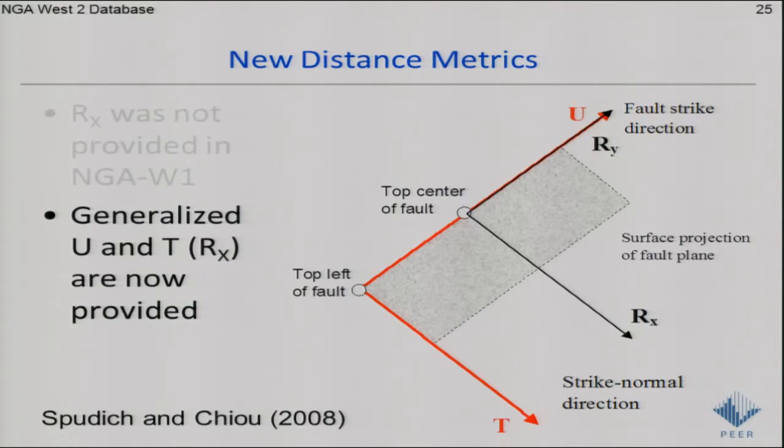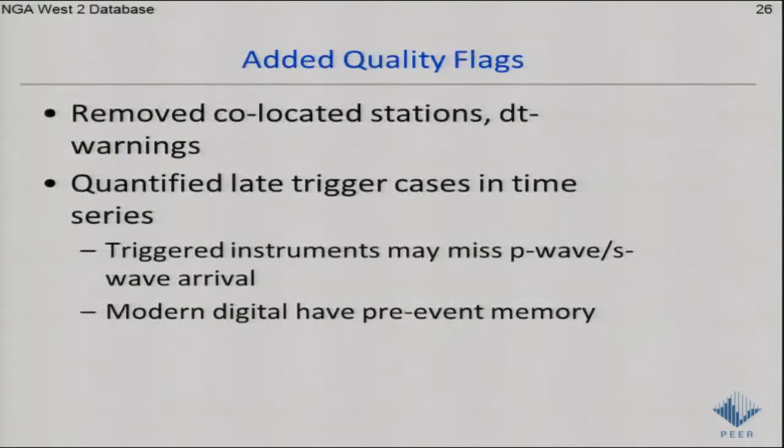In an effort to increase the quality of the time series, or the information that's included in the database, there was a review of those time series done by Bob Darragh. We removed co-located stations, like I said before, but we also reviewed the time series in terms of what recording quality we can assess.